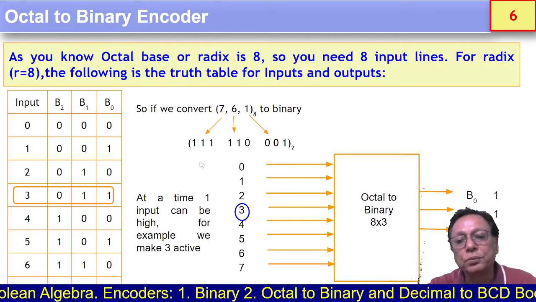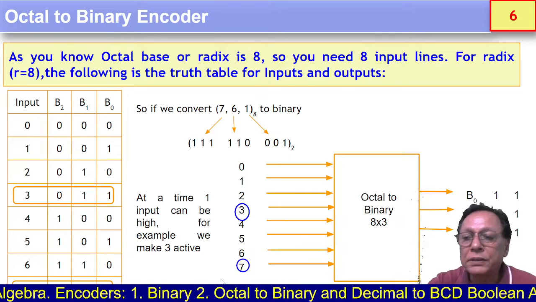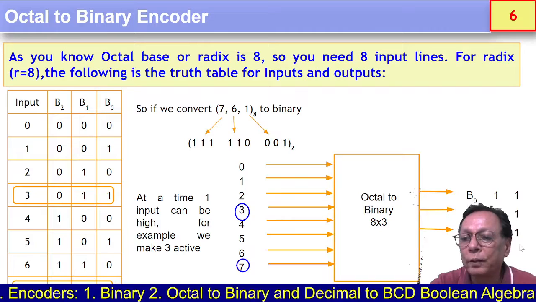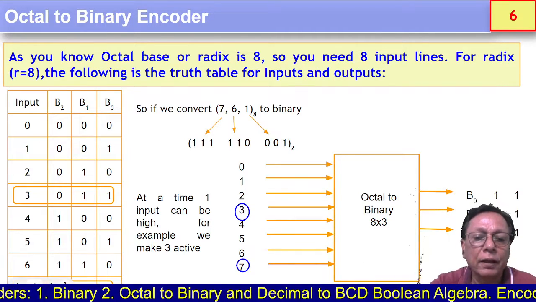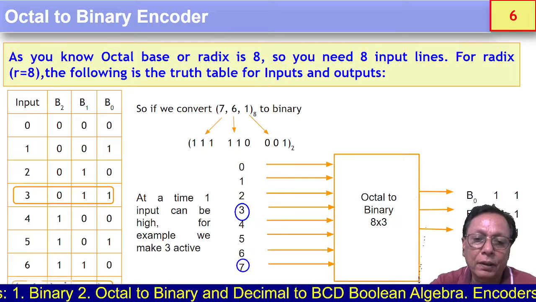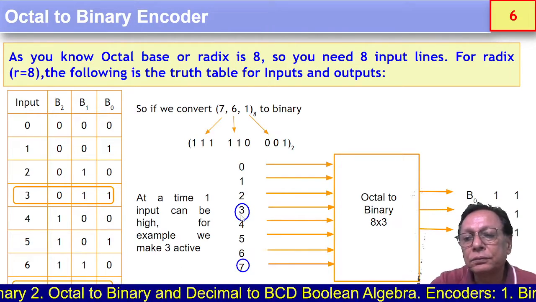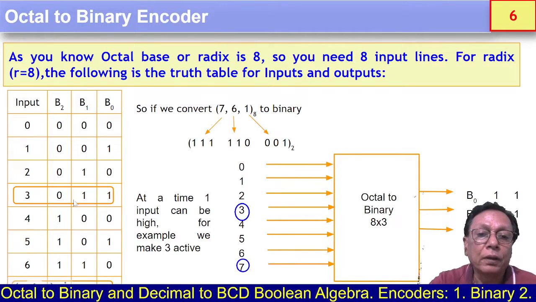Likewise, if you choose 7, then the output pattern will be 1 1 1, and all the signals will be high. Whichever you select, these signals in the truth table will be high.